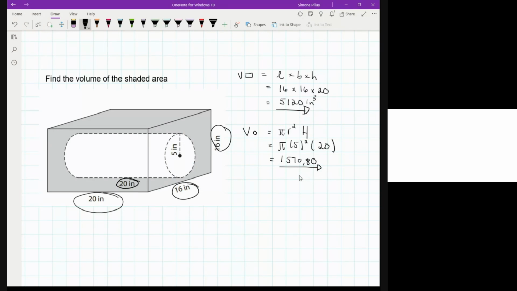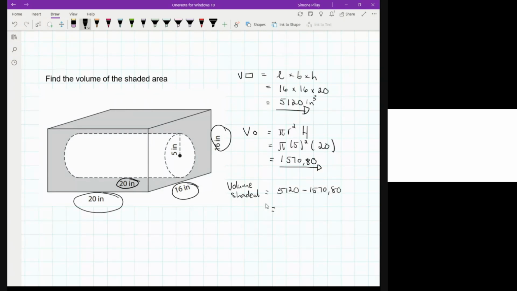Thank you for that. I do see all your other hands, and I do know that you probably did have the answers as well. And now, finally, the volume of the shaded area is going to be, because remember, my shaded area does not include the cylinder, 5,120 minus this cylinder that's been cut out.